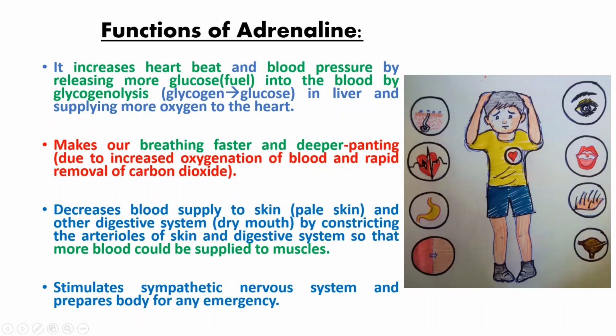The heartbeat becomes faster, and as a result blood pressure is also increased, and also he starts panting. Along with this, there is excessive sweat secretion from his body. So these are all symptoms of the adrenaline rush in any emergency situation.